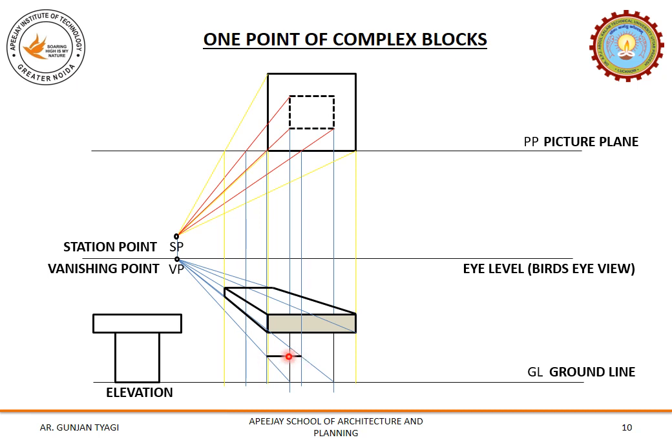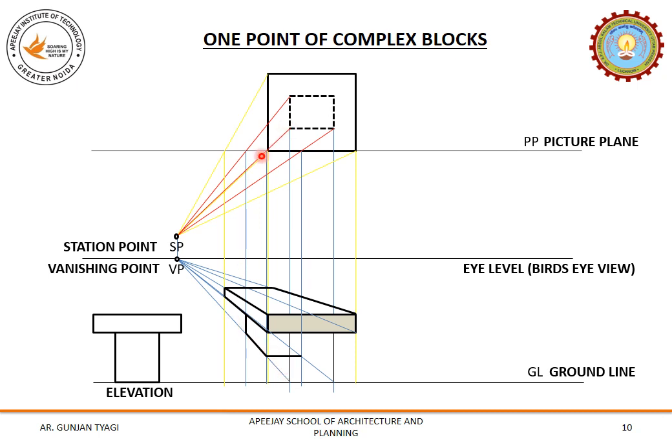So how has this line appeared to me? What I did is that I joined these lines with the station points and I extended these lines downward. So this was the first point, the second, the third and the fourth. So I knew that this first point will be lying on this line.